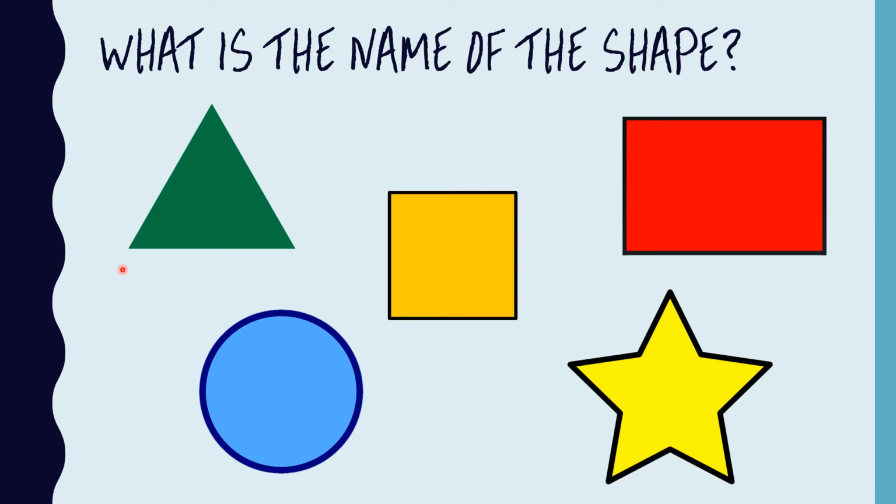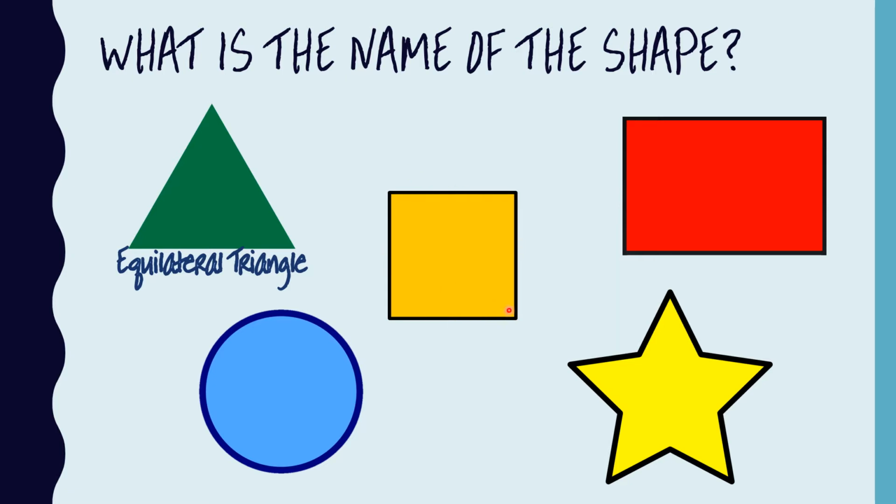So I think lots of you will have just named that as a triangle. However, we need to be very specific here. We can see the sides and the angles on this triangle are all the same. They are all equal. And because of this, we're going to call this an equilateral triangle. Equilateral because all of the sides and angles are the same.